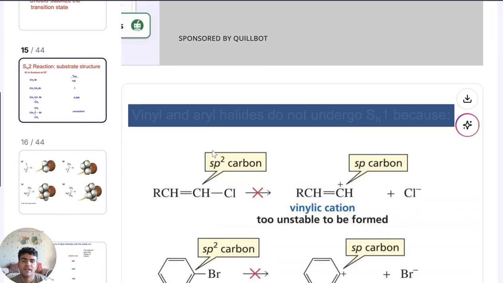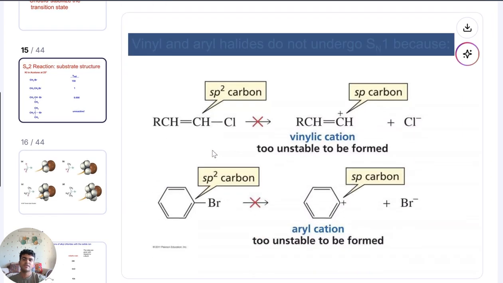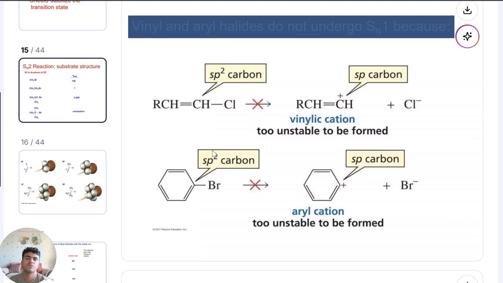Now vinyl and aryl substrates, these are very much reluctant towards SN2 or SN1 reaction, because the carbocation which will form after departure of the leaving group is very much unstable, because an sp2 hybridized carbon will carry the positive charge. As you can see, sorry, sp carbon, the aryl cation, that is highly unstable.